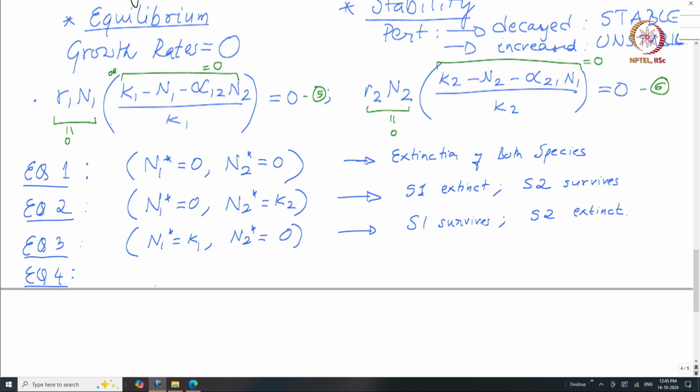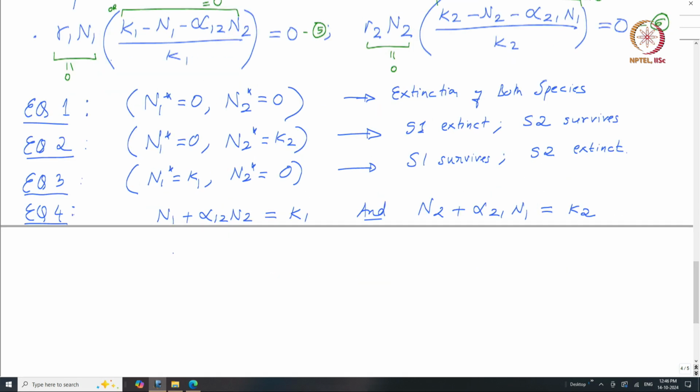Simultaneously, K2 minus n2 minus alpha 2 1 n1, which is the second part of equation 6, is 0. So, let me rewrite those and rearrange. The fourth equilibrium can be obtained by setting the second part of both the equations to 0, which basically corresponds to n1 plus alpha 1 2 n2 is equal to K1 and n2 plus alpha 2 1 n1 is equal to K2.